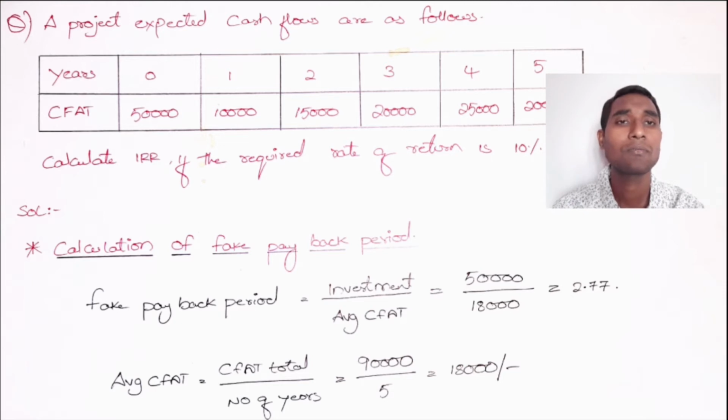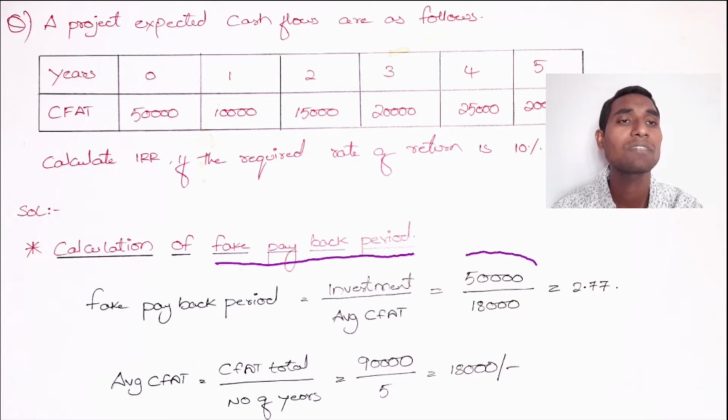Let us learn how to calculate IRR. When you are calculating IRR, the first step is to calculate a fake payback period. Now what is the fake payback period? The formula is investment divided by average CFAT.